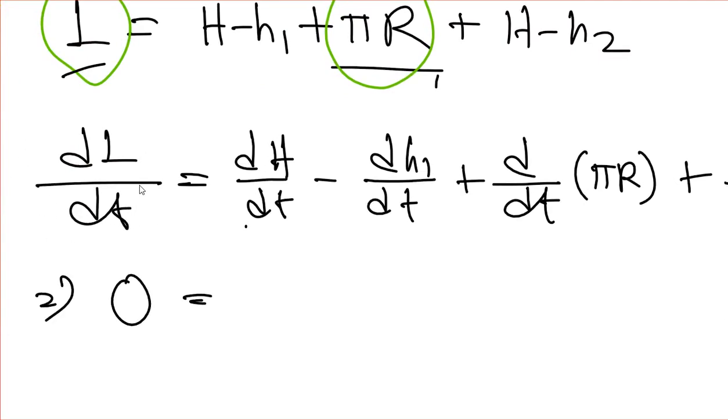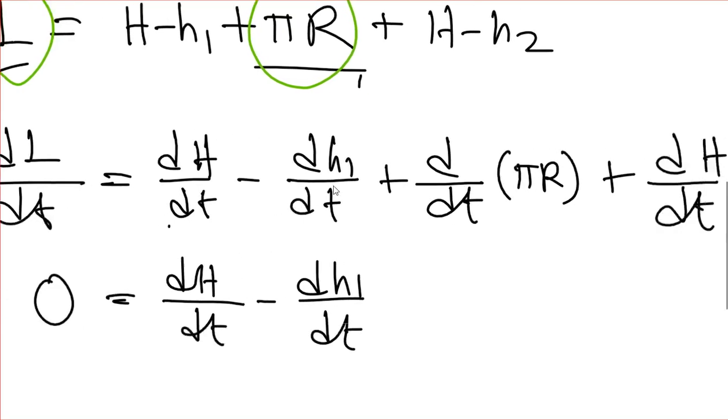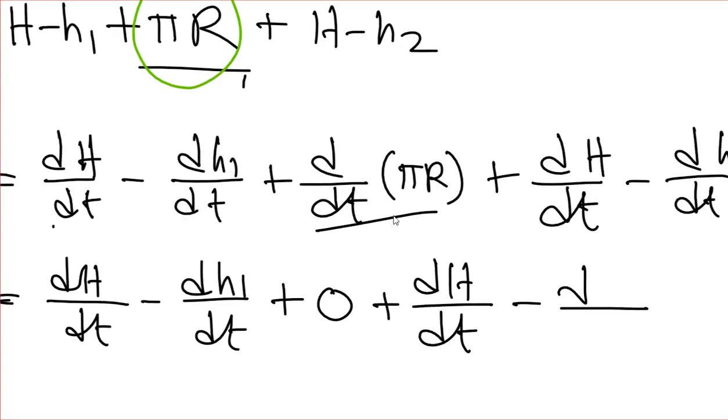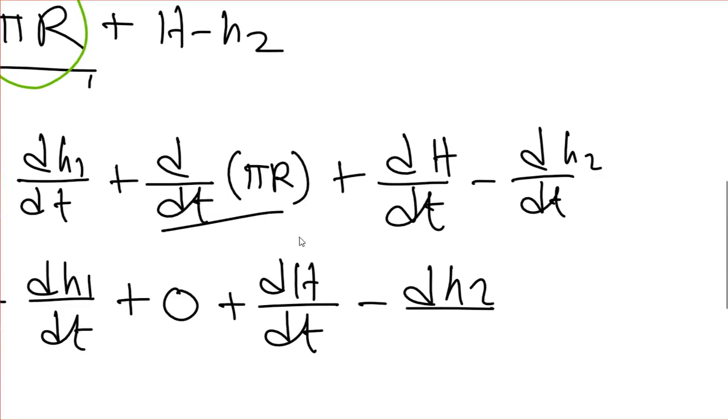And this will remain the same, dH/dt minus dh1/dt. Plus, this is also a constant, so it will also be 0, plus dH/dt minus dh2/dt.